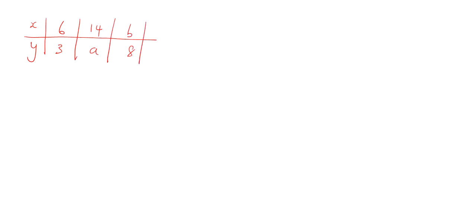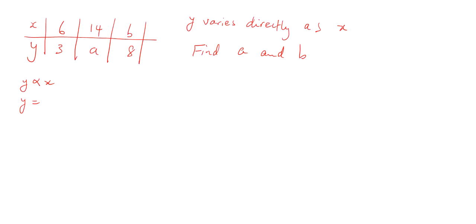Right, and I tell you that y varies directly as x, and I want you to find a and b. So if y varies directly as x, we can write that as y is proportional to x. So therefore y is equal to kx.